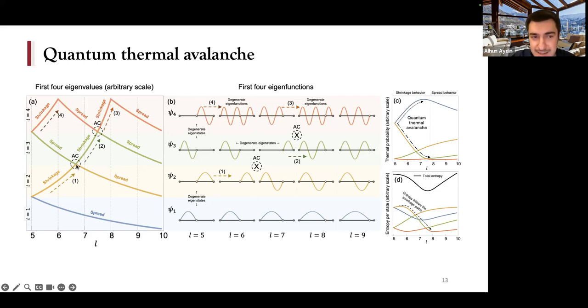After this exact point, which is basically an avoided crossing, in this case infinitesimally avoided because the domain has Dirichlet boundary conditions. If you have finite boundaries, this will be a real avoided crossing. And it crosses into the other, spread behavior.